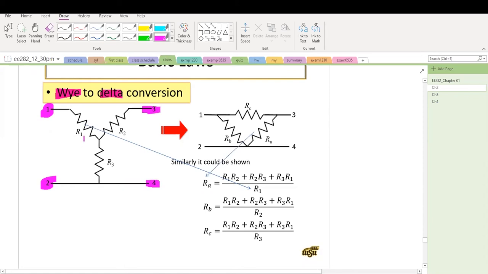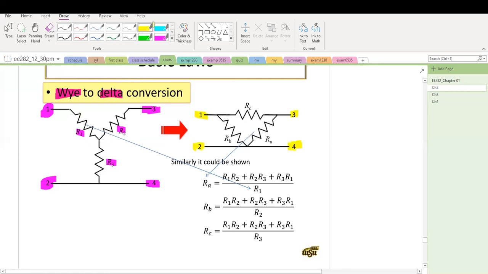The resistors are named R1, R2, and R3, and they are known. We want to convert this Y connection into a delta connection. We're talking about the same terminals. This is very important: you always want to talk about the same terminals.